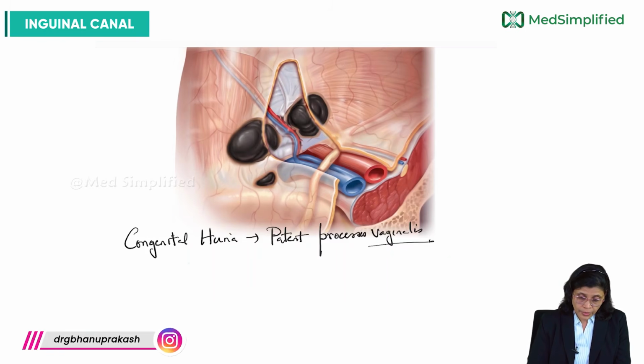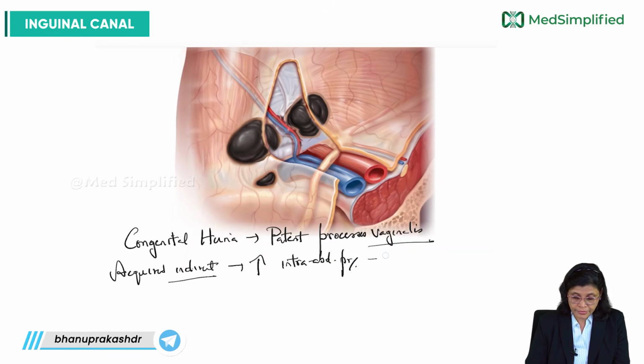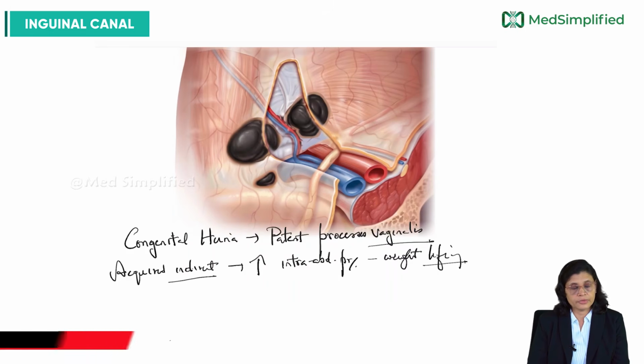Then there is the acquired indirect hernia. If it occurs through the deep ring, it is mainly due to increased intra-abdominal pressure, like weightlifting. Sometimes the structures can be pushed through the deep inguinal ring.